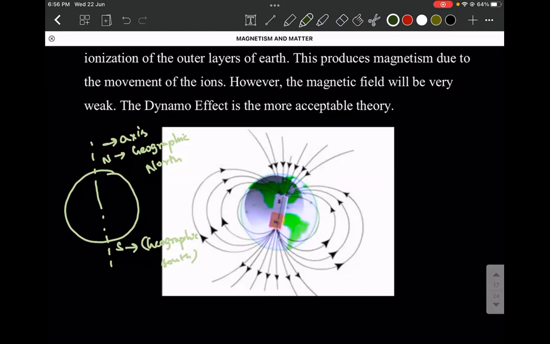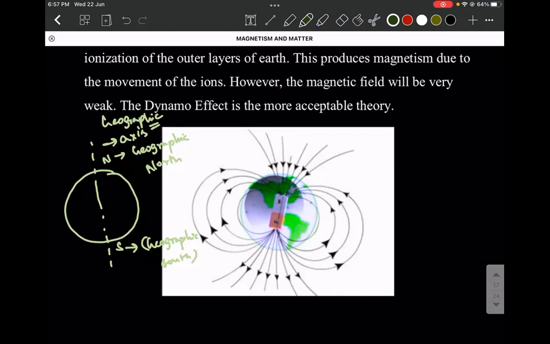If you are able to draw an imaginary line passing through the geographic north and the geographic south, you call it the geographic axis. In a similar way, across the same Earth, instead of drawing an axis, if you are able to cut through a plane, then that is called the geographic meridian.